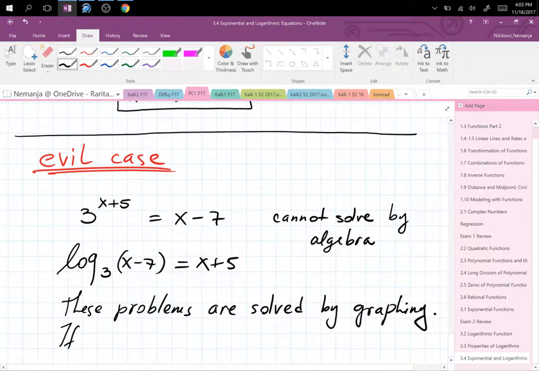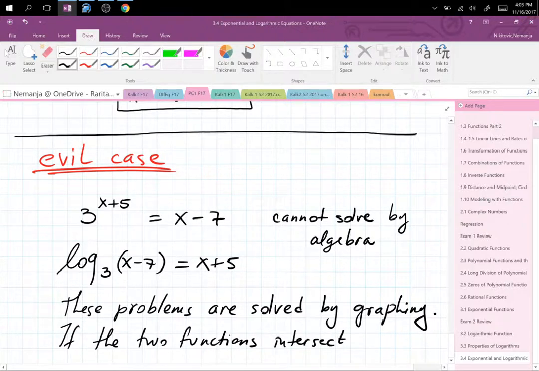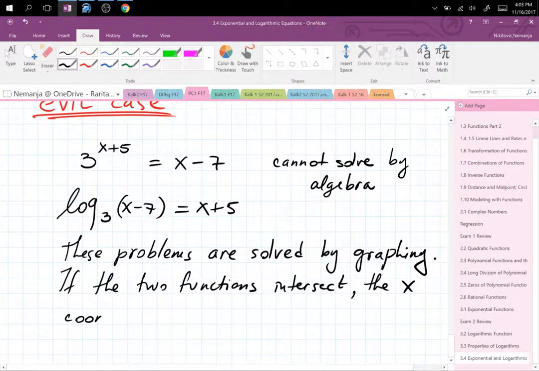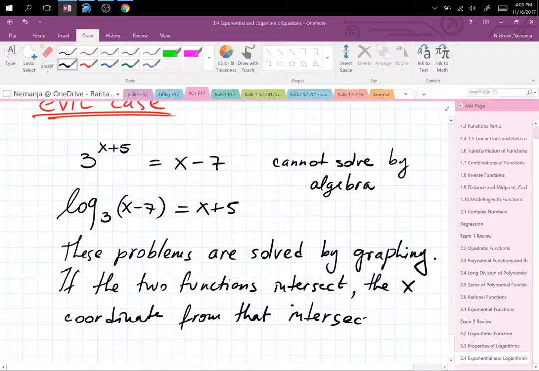If the two functions intersect, the x coordinate from that intersection is the solution.